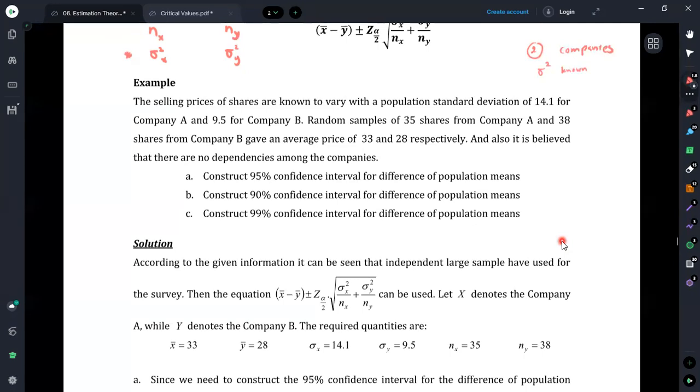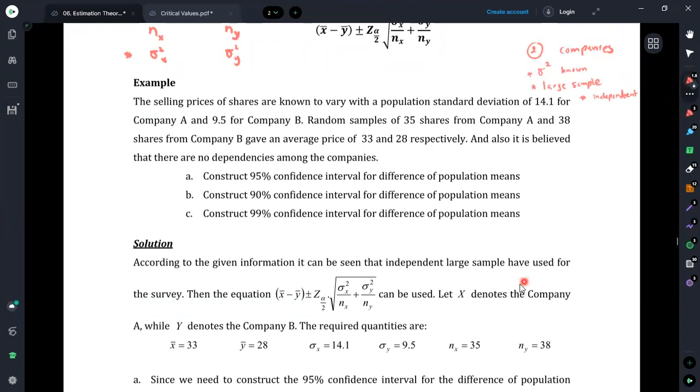Then we have random samples of 35 and 38, which means that they are large samples. First we are listing down the conditions: sigma squared is known, large samples, and then it says that no dependencies implies that the companies are independent. Then the samples would be automatically independent.